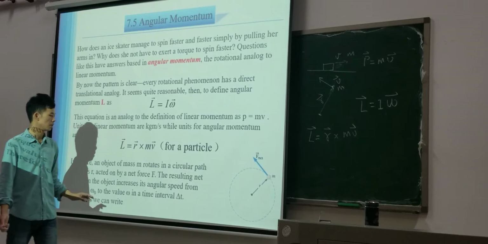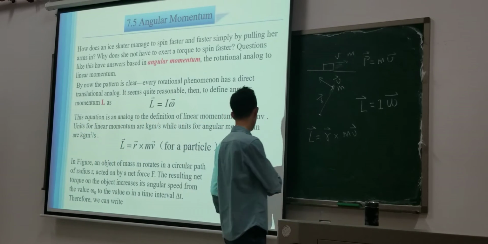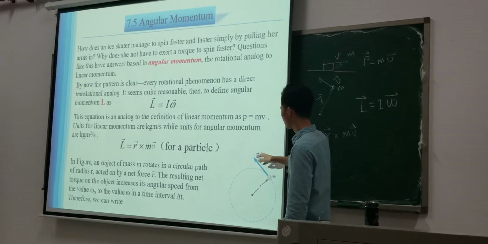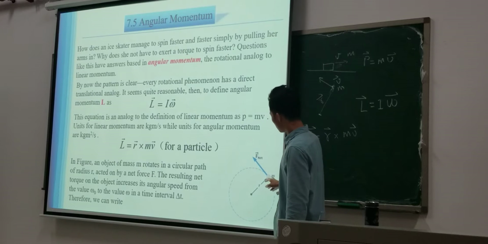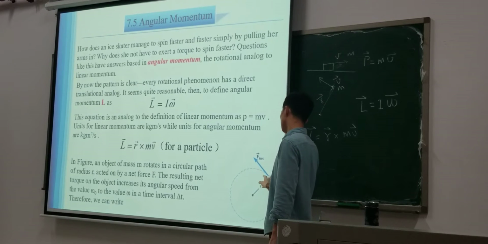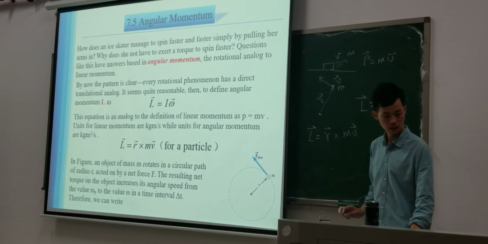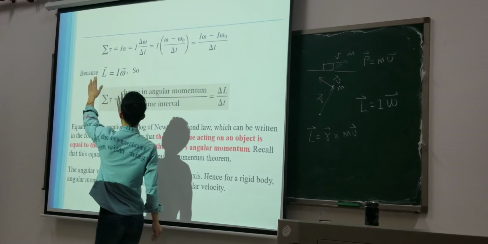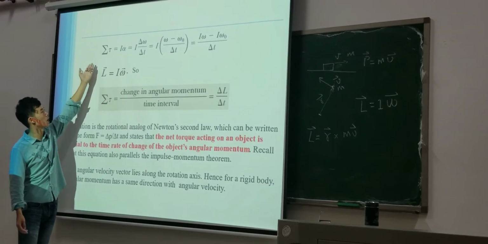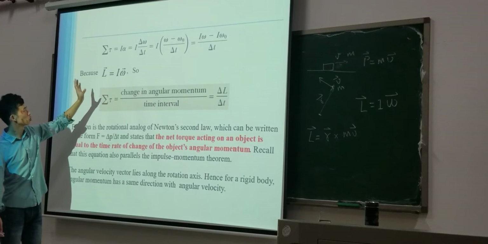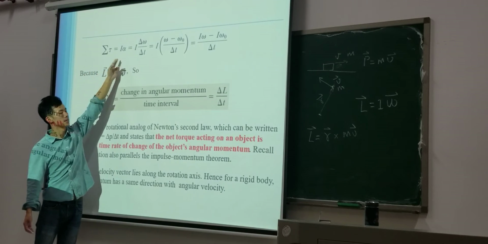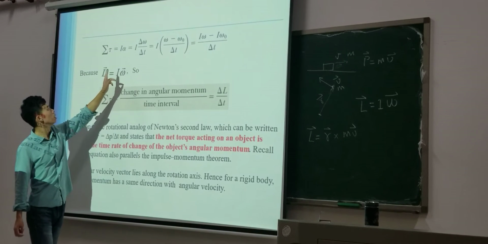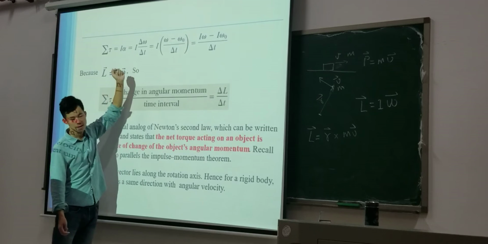And so we can write. This is a force exerted on the object, and the force will accelerate the object. So we can write the net torque acting on the particle is equal to I times the angular acceleration.